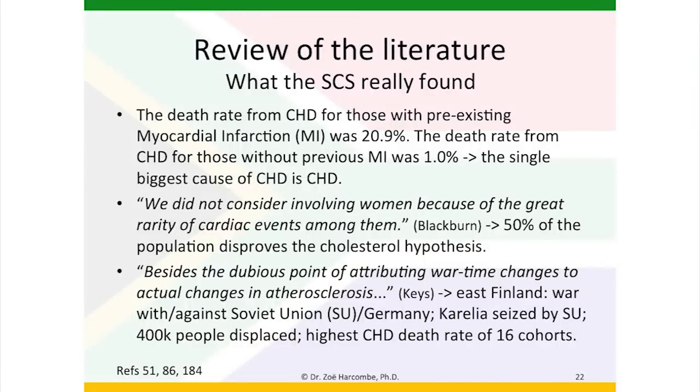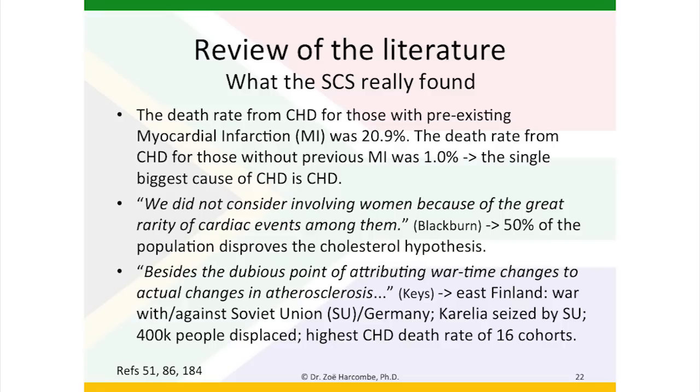So in summary, what the 7-country study really found was that the death rate from coronary heart disease for those who had previous existing heart disease at the start of the study, those people who'd already had a myocardial infarction, a heart attack, was almost 21% over the 5 years.